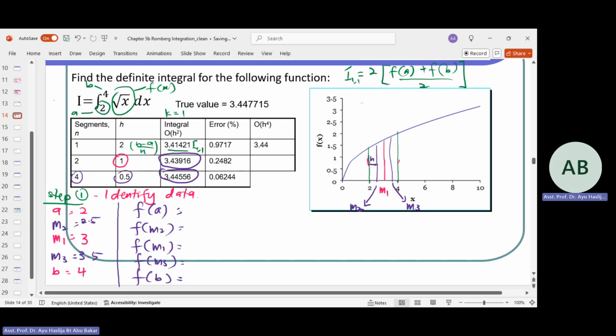Yes, the green color function, this one. Single application of trapezoid. This one has only one segment, so you only have A and B. Okay, for f(a), you should be getting this value.